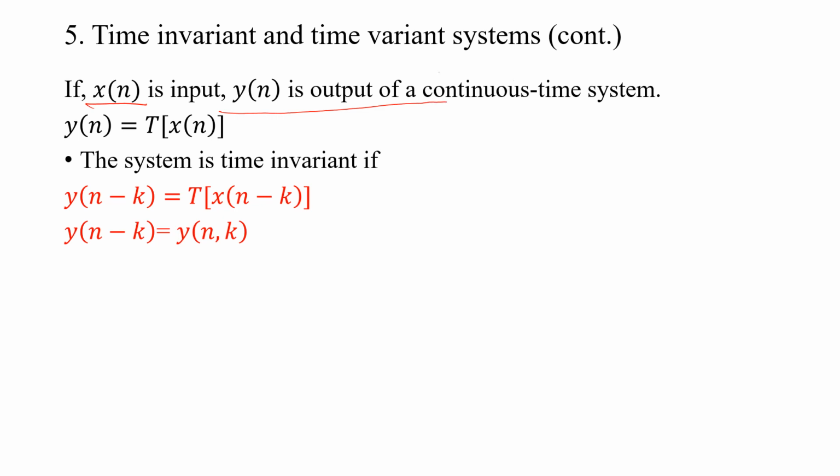This is for a discrete time signal, not continuous. The system is time invariant if y of n minus k is equal to T of x of n minus k. That means in place of n, put n minus k. Here x of n minus k means you put minus k.